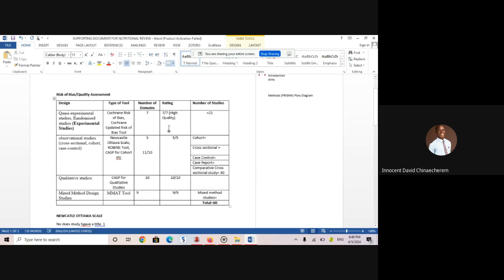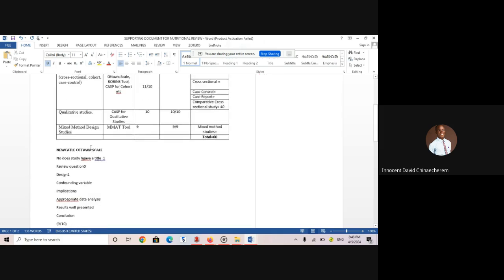You are also the person to create your cutoff point. What do I mean by the cutoff point? You'll be the one to create it in the sense that you can have high quality, moderate, and low quality.